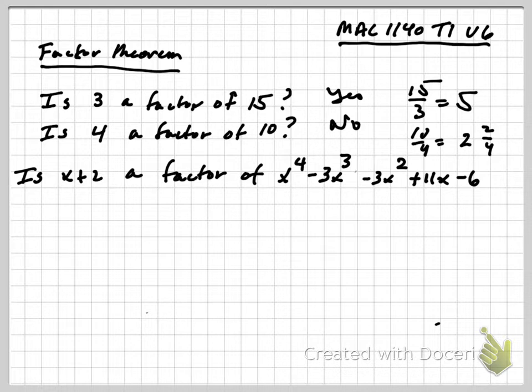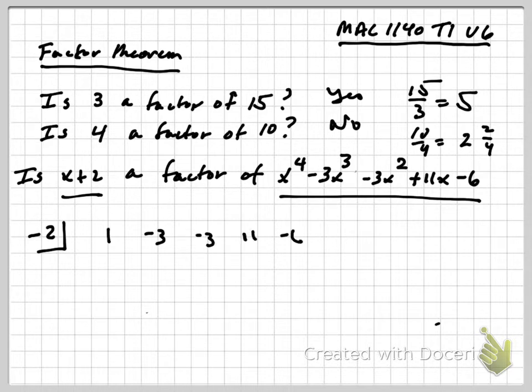So what do I do to check to see if x plus 2 is a factor of this or not? I need to do synthetic division, because if I get a remainder of 0, then I know it's a factor. So you should be experts now finally at synthetic division. So I'll bring the 1 down, multiply here, get a negative 2, add those, get a negative 5.